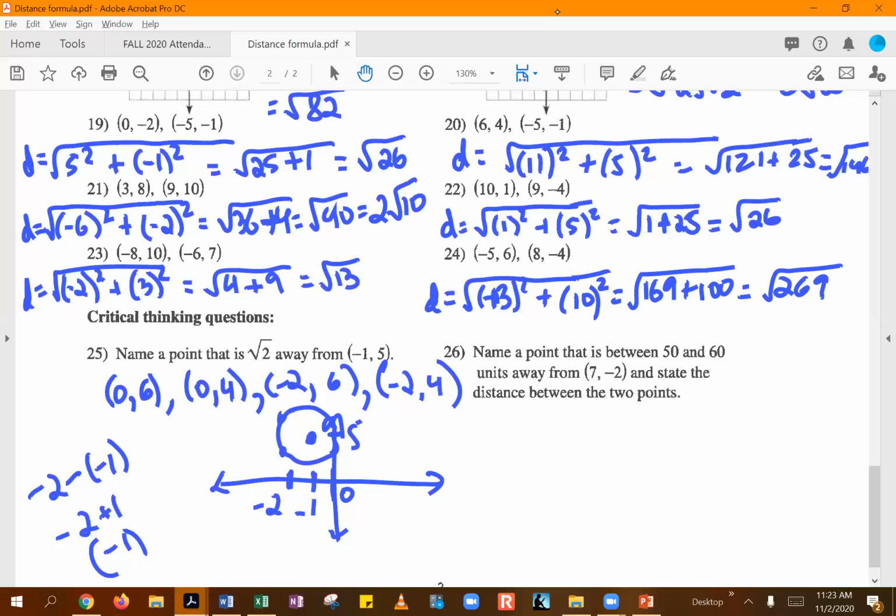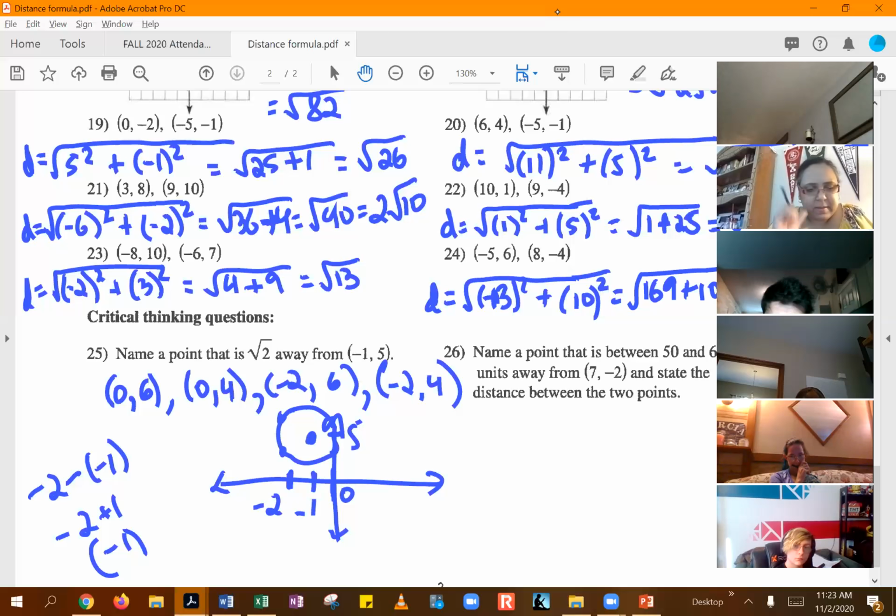It's definitely not a perfect square by itself. So, Mikhail, were you able to simplify it?